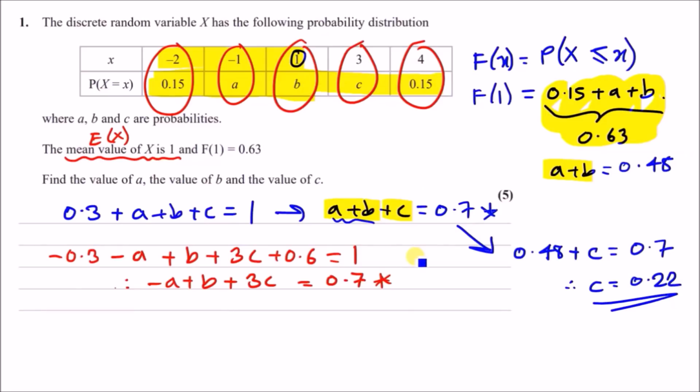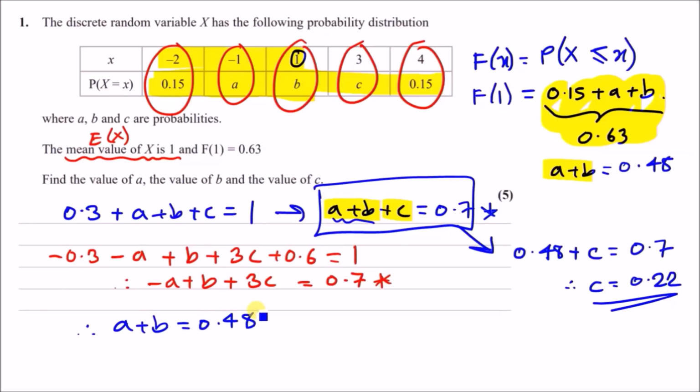Updating some equations, let's update the mean equation: a plus b plus c equals 0.7. I'm going to minus c across, so we're left with a plus b equals 0.7 take away 0.22, which gives us 0.48. Now I'm going to look at the third equation that we found, and subtract 3c across.